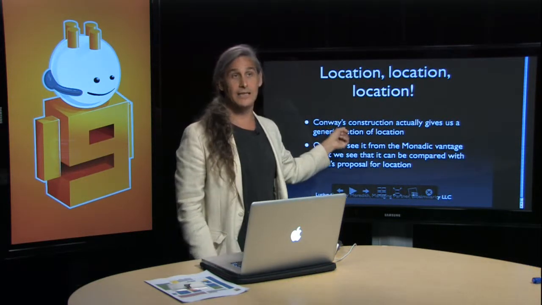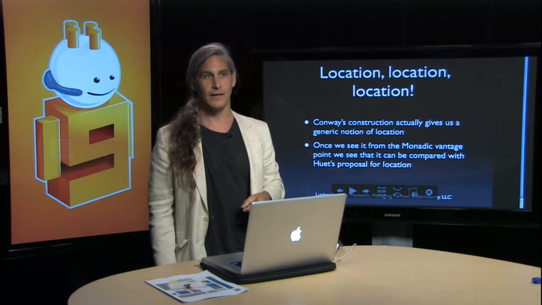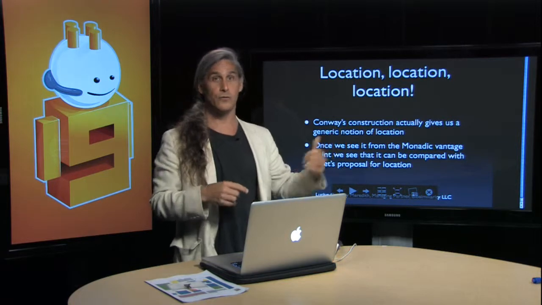He says a location is something I can point to from the left and the right. And this actually goes back to Dedekind cuts. And what we've shown is that we can actually give a presentation of that in terms of monads. So there's the notion of location directly in terms of monadic structure. So that gives a big check yes to Brian's intuition.